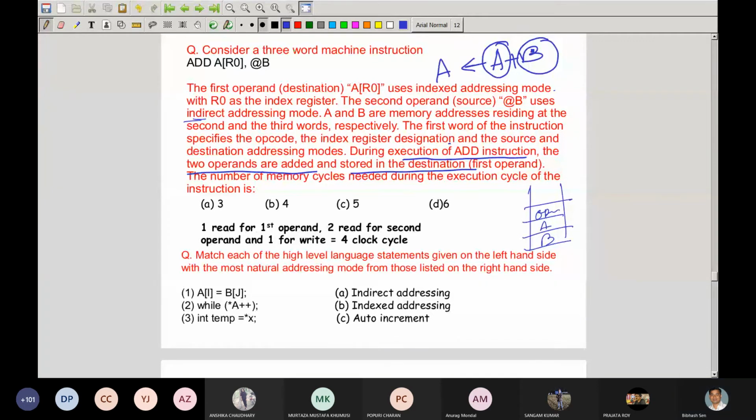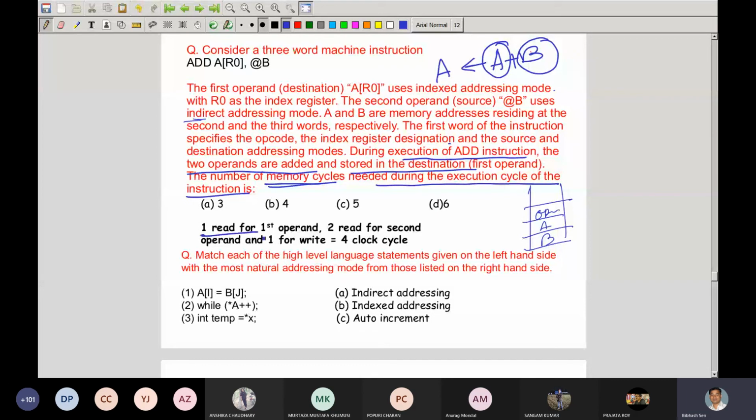First of all, the number of memory cycles needed during the execution of the instruction is how much? We have considered one byte addressable memory, so one access at a time is required.